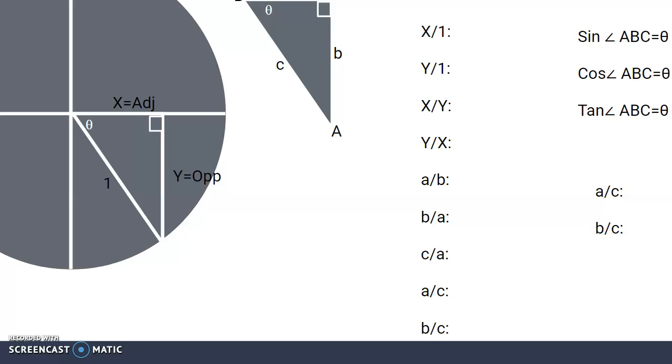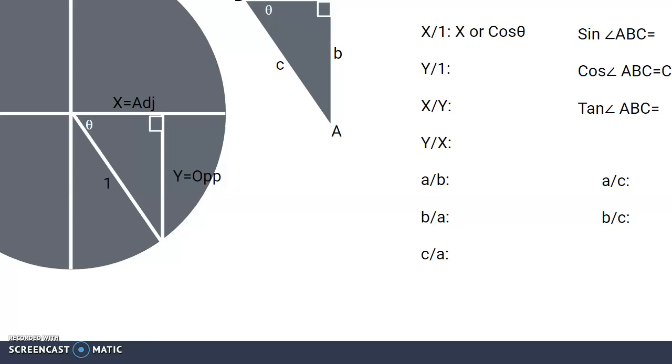So now we're going to find the following trig ratios. First, we're going to find x over 1 on this side. X over 1, again, in your ordered pair, x is the cosine, and 1 is your radius. X over 1 would be adjacent over 1, which is the same thing as x, because anything over 1 is that value.